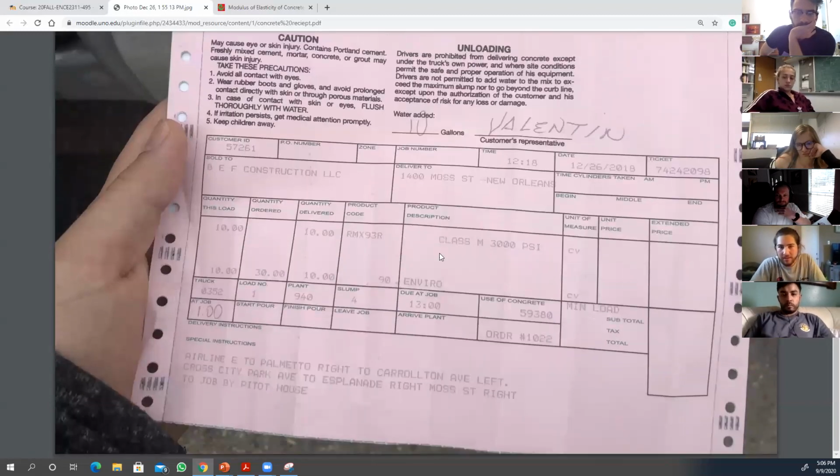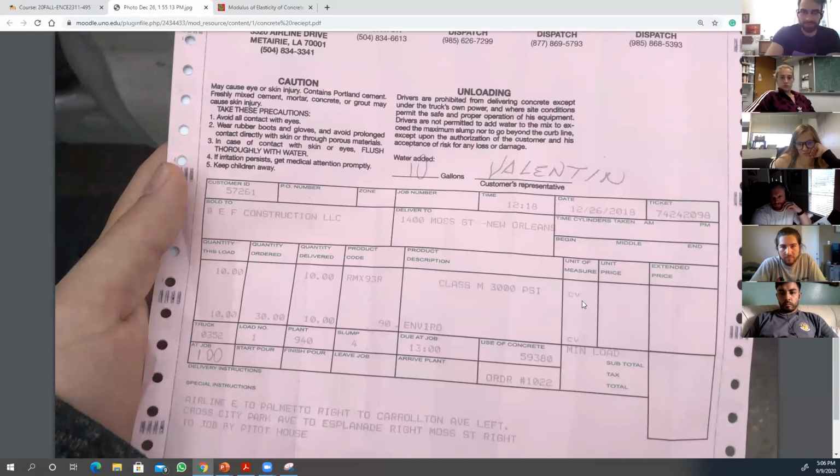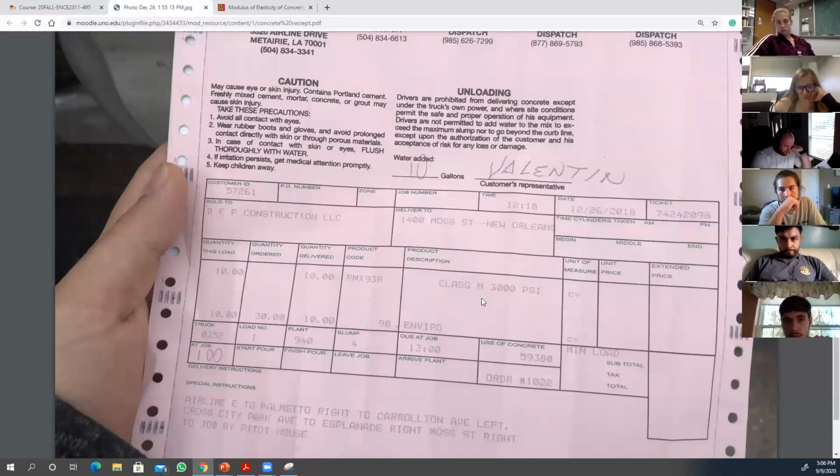Anybody sees the compressive strength on this report? It says 3,000 PSI. So they advertise this 3,000 PSI concrete, and my test result comes back in 7 business days, let's say. And it's not 3,000 PSI, it's 2,500 PSI. What's going to happen? 2,500 PSI is less than 3,000 PSI.